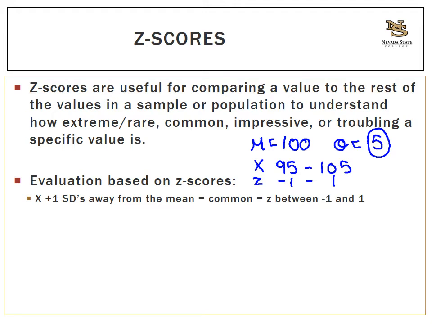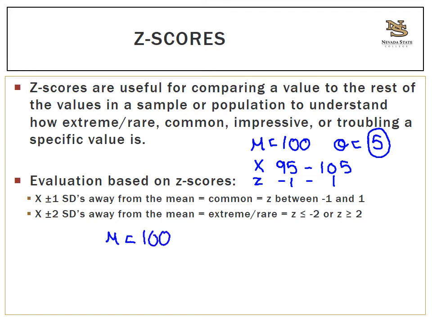Now, if we think about more extreme scores here, then that means anything that's 2 or more standard deviations away from the mean. So that would be extreme or rare. So if we think about this, remember, when we had our mean of 100 and our standard deviation of 5, well, what score was 2 standard deviations below the mean, right? 2 times 5 is 10, and so 100 minus 10 would be 90. So z of -2 would have an x of 90.